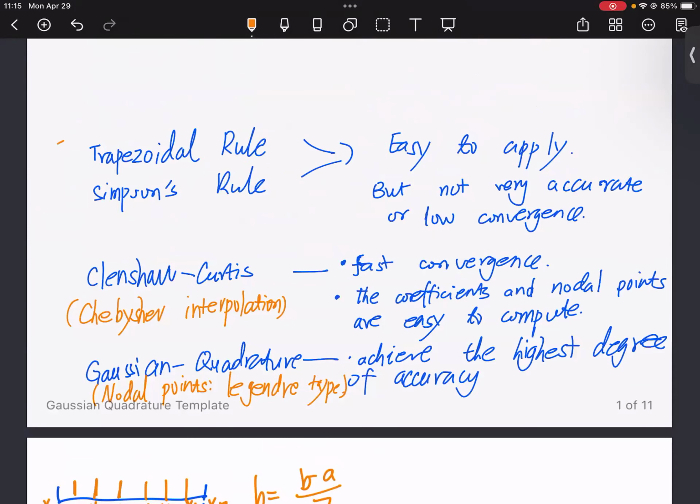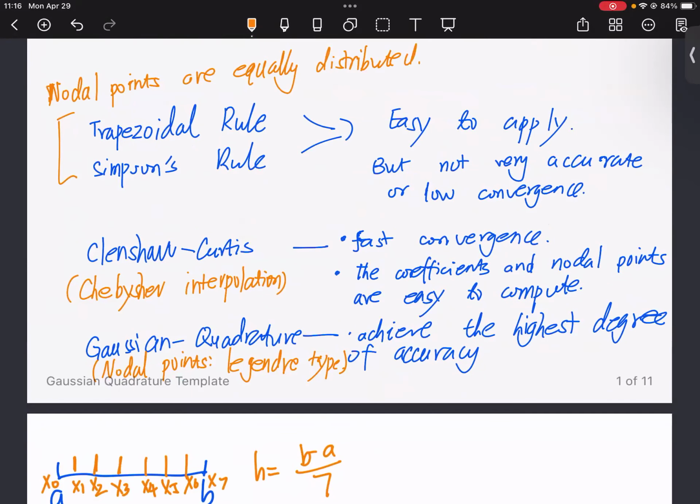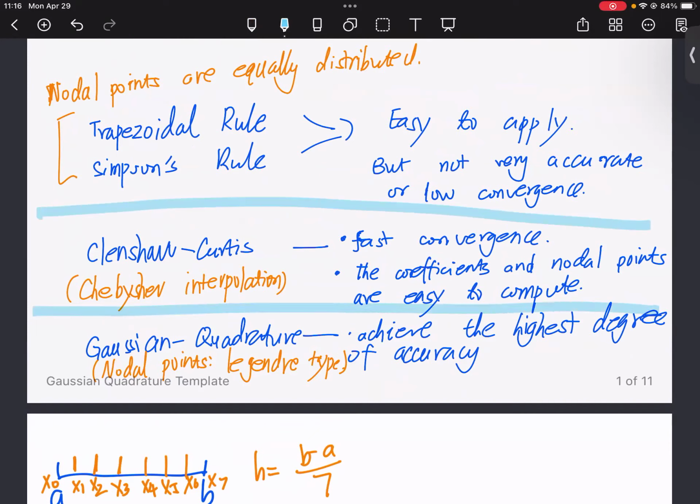But for these two, the nodal points are equally distributed. And this is the comparison between all these methods we learned for numerical integration approximation. Then I'm going to go into the details of the Gaussian quadrature rule.